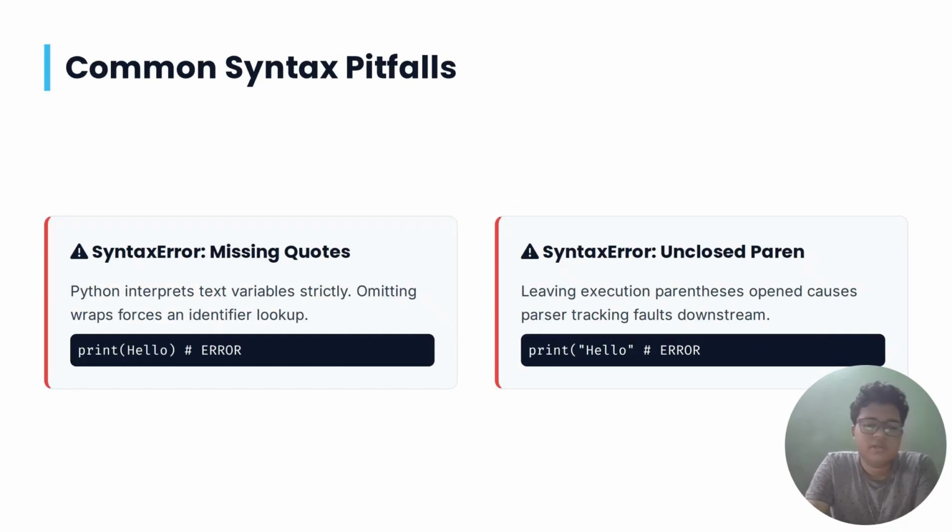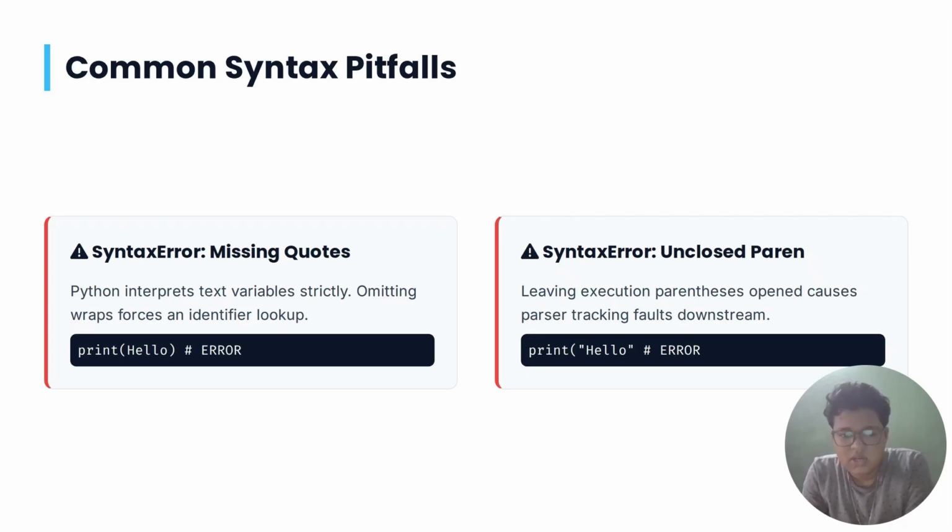Common syntax pitfalls. These are the problems we face, and we will be facing more when we are beginners. I also did. Syntax error, missing quotes. Python interprets text variables very strictly.